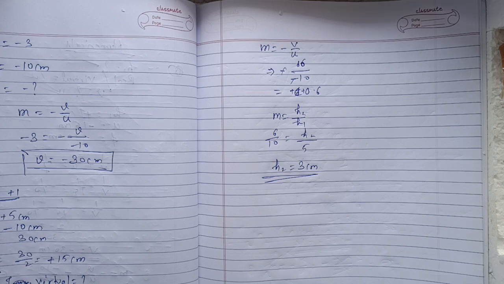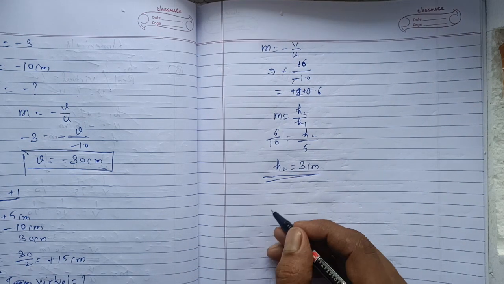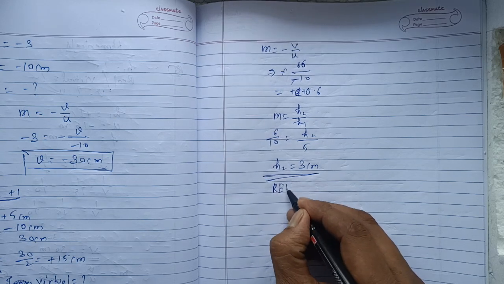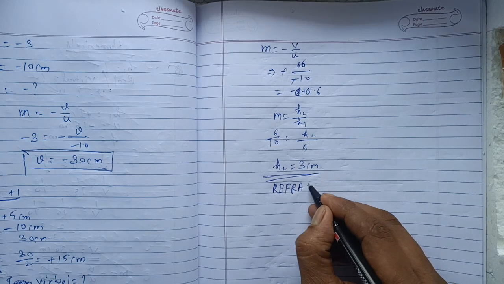And then again there will be two kinds of lenses, concave lens and convex lens. All the image formation we need to revise and repeat in this, and again some numericals will be there. So now we are going to start refraction of light, not reflection.